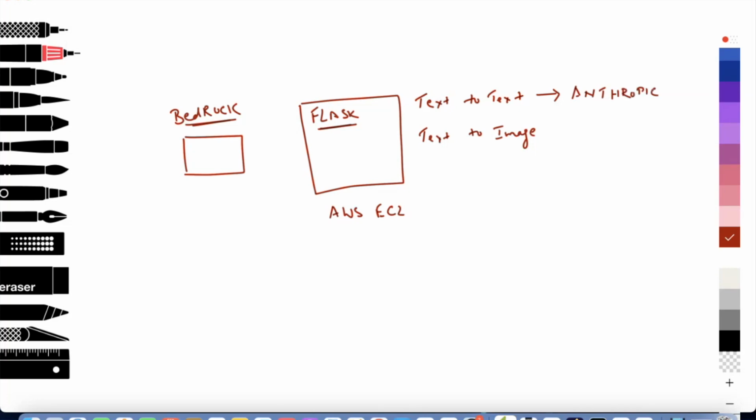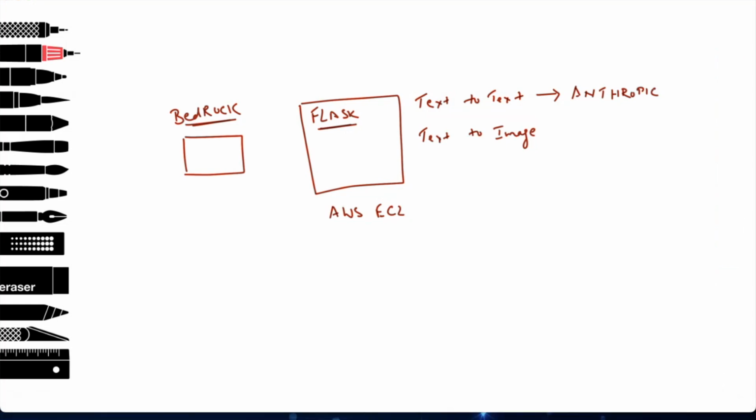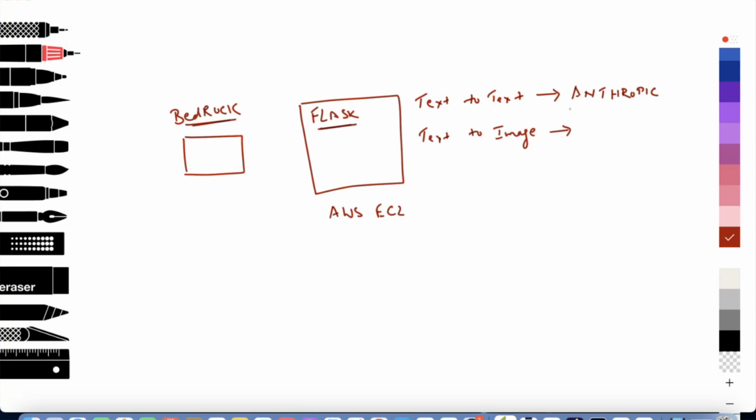This model is capable enough of creating human-like text, like we have seen with Titan. And for text to image, we will use the Stable Diffusion model for creating images.